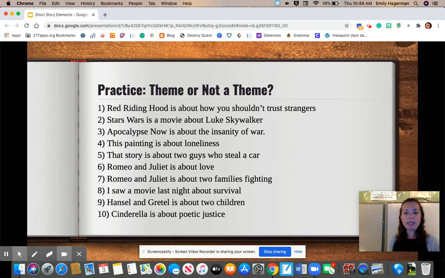So we're going to quickly practice. This is theme or not a theme. I'm just going to go through these, in your head, or I guess you're sitting at a computer, so if you're not going to disturb others around you, you can say it out loud. And I want you to see if you have figured them out. So the first one. Red Riding Hood is about how you shouldn't trust strangers. Theme or not a theme?